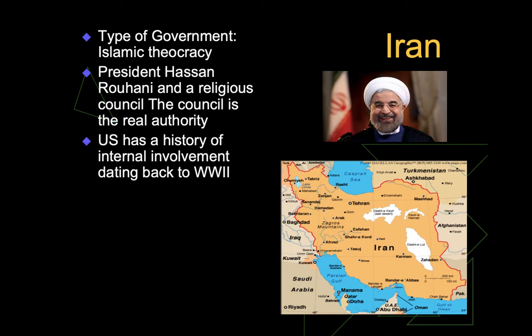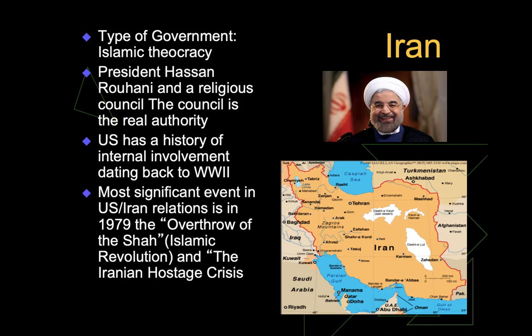They do have a president, President Hassan Rouhani, served as president for a number of years, but the religious council is who really controls the country, and the leader of the religious council is the Ayatollah Khamenei, who has been in that position of power for a couple of decades, actually longer than a couple of decades.